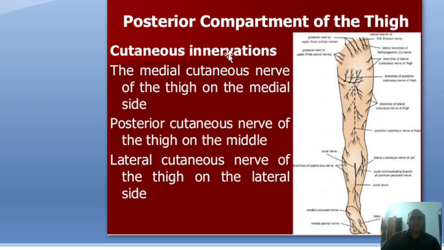In this compartment, first, these are the cutaneous nerves of the back of thigh. For cutaneous innervation of the back of thigh skin, the medial cutaneous nerve of thigh is seen on the medial side.